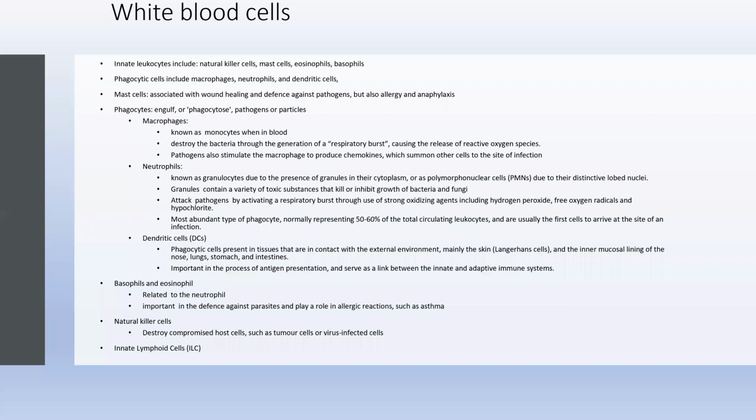Cells like mast cells are also involved with allergic or hypersensitivity reactions, although they belong to the innate system. And there is the good and the bad about hypersensitivity reactions or allergy. The bad is the damage it causes.